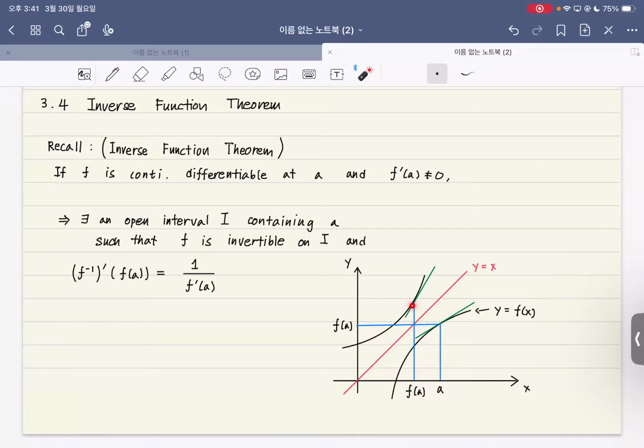Because of our picture, the slope of the tangent line looks like this. If you look at this picture very carefully, the slope of this should be precisely the reciprocal of the slope of this, right? This is what the inverse function theorem is.